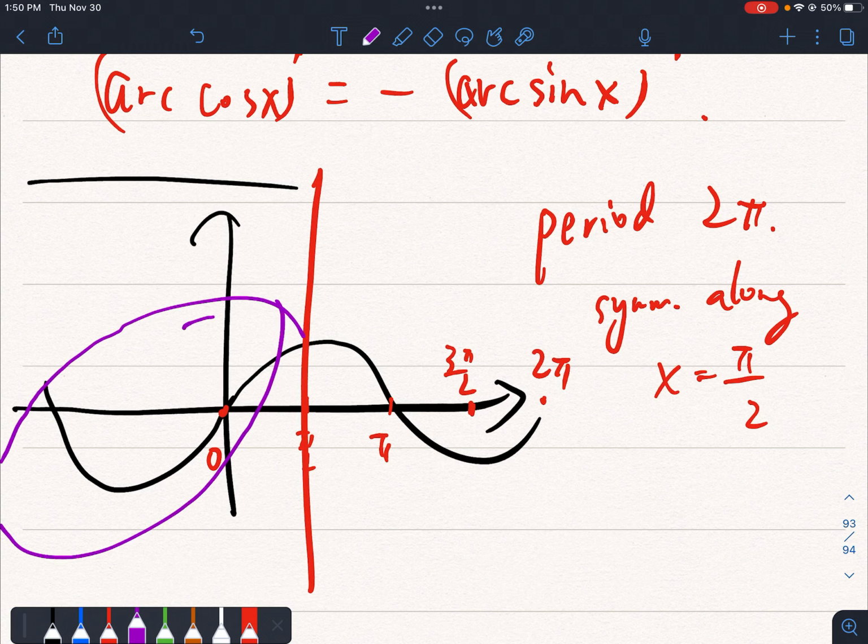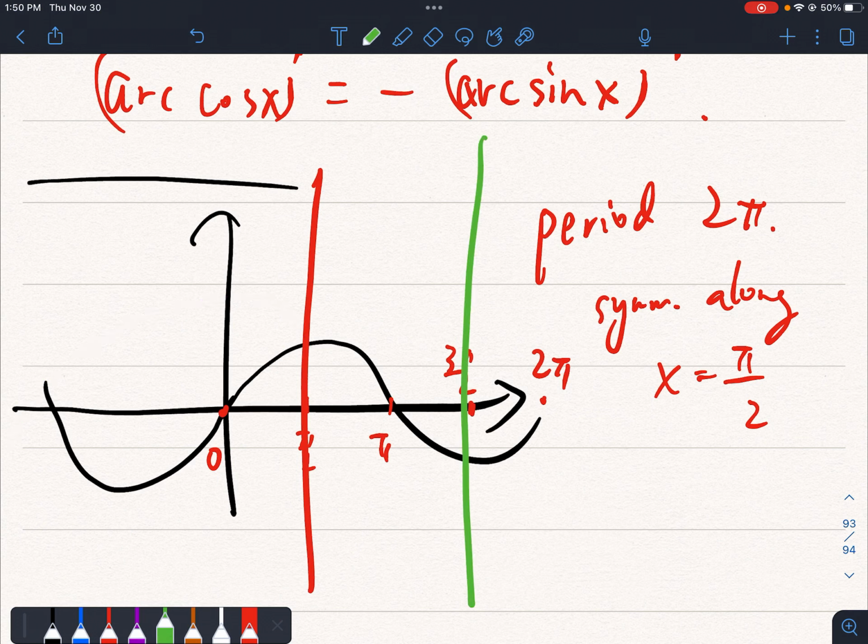It's symmetric along x equals pi over 2, which means if you reflect the graph on the left to the right, then it coincides with the graph on the right, okay? And it's also symmetric along x equals 3 pi over 2 and minus pi over 2. Actually it's symmetric along all pi over 2 plus k pi, where k is an integer. Okay, but it doesn't matter.